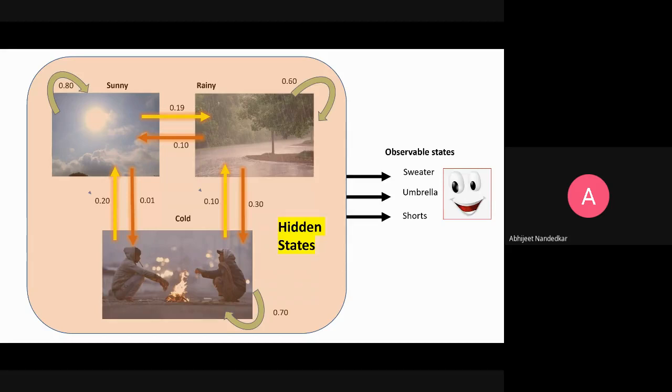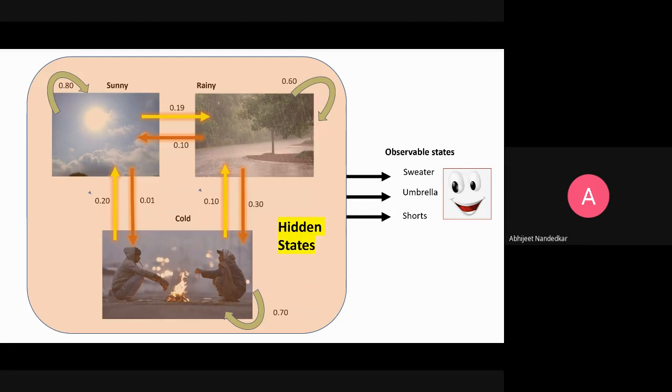You cannot directly monitor these states outside. Say you're locked in some room, there is no window to that. You just are somehow there and you cannot see outside. So what exactly is happening outside, whether it's sunny, rainy or cold.